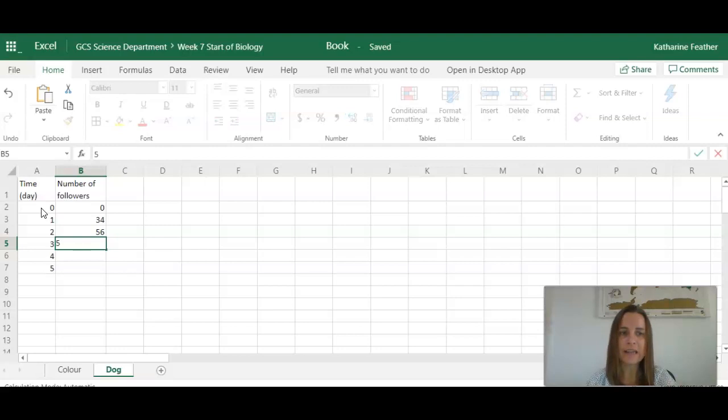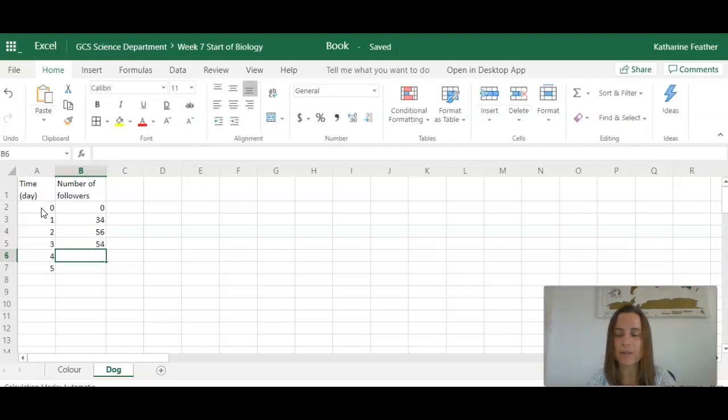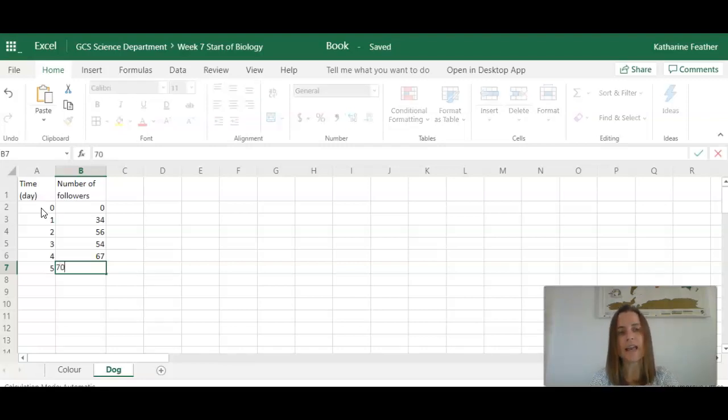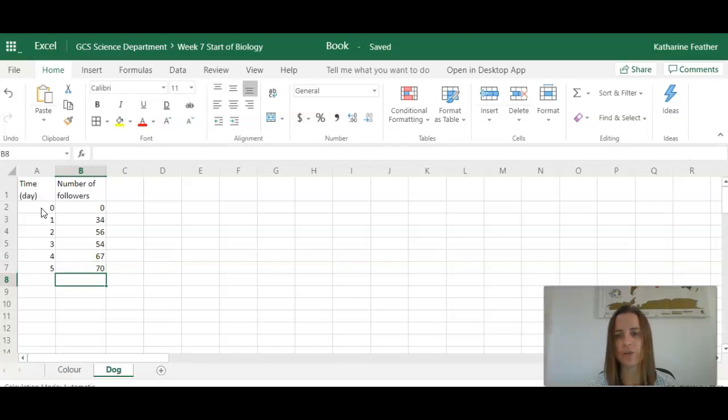I don't know why, I don't really get it. I think maybe I didn't follow people or I wasn't posting enough or something. And then day 4, there was a very cute video of her from daycare having a swim, so that got me some more followers and I got up to 67. And then day 5, I think I'd followed a load of people and maybe 3 gave me a sympathy follow back. So we reached the dizzy heights of 70 followers. Not exactly going viral.